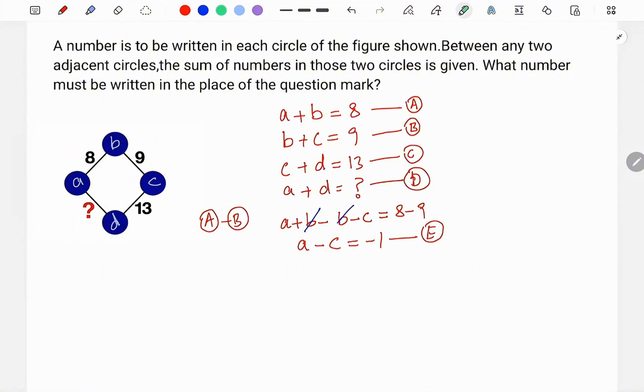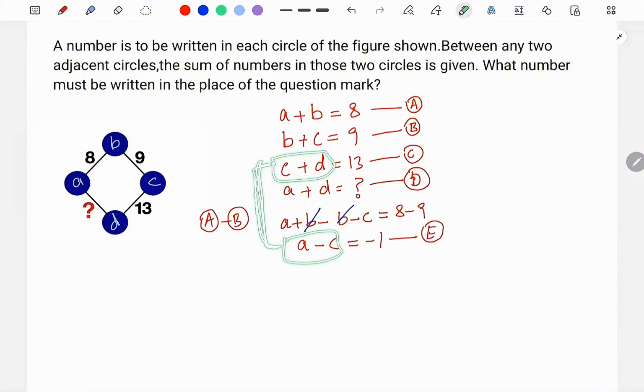So our concern with equations A and B is over. Now we are concerned with the value of this a plus d. For that, you can see we have c plus d and we have a minus c.